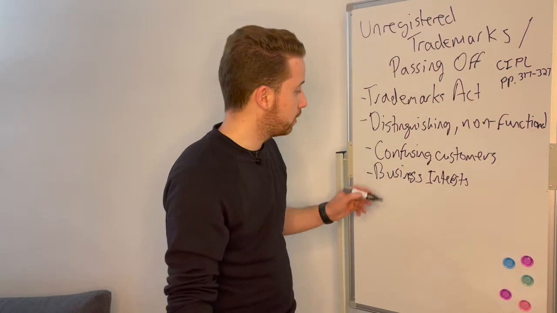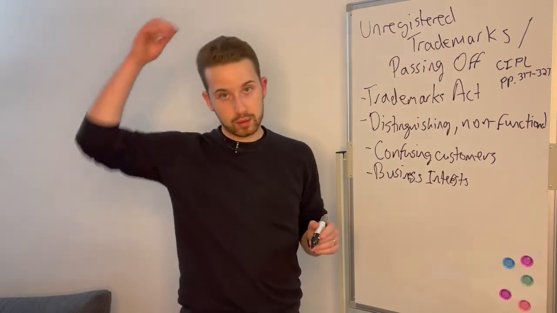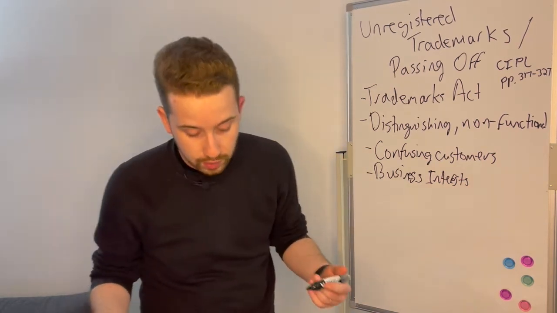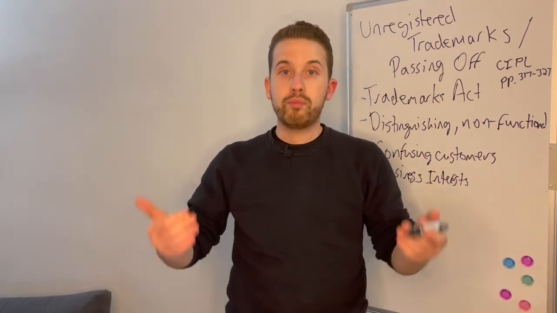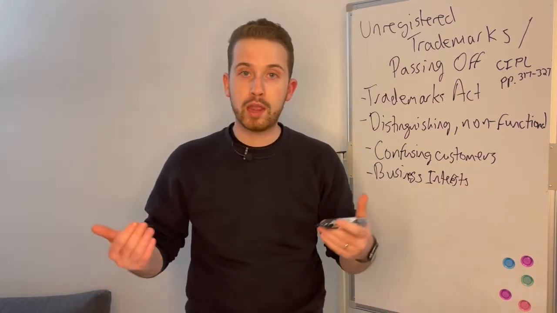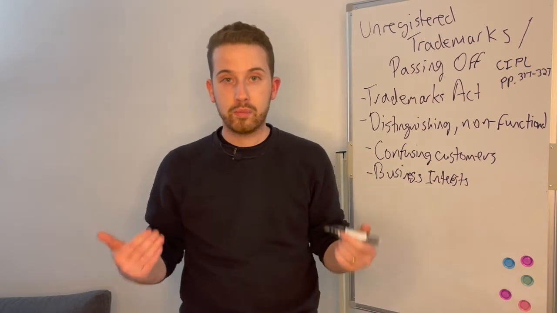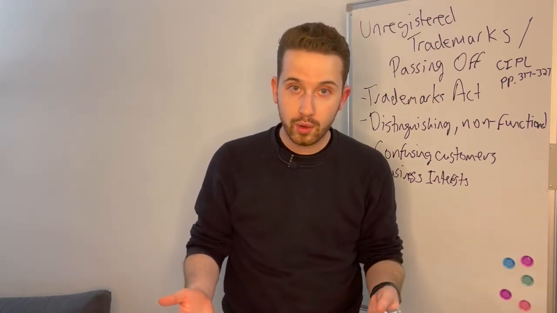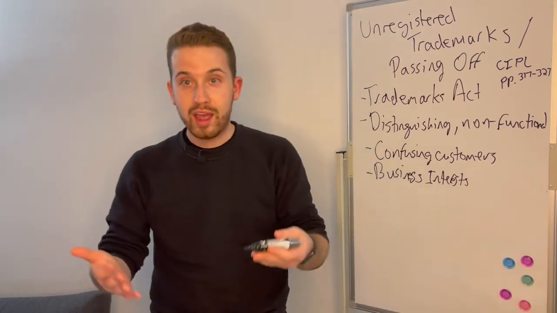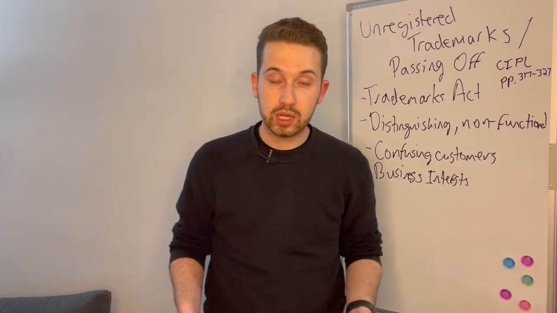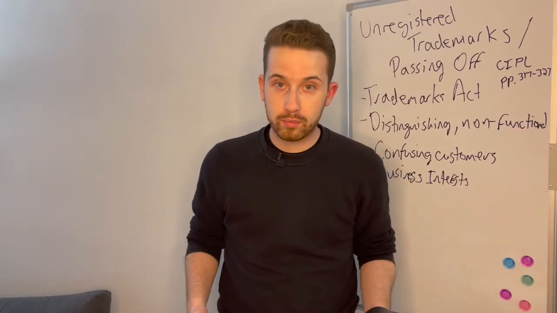So here we're still protecting business interests in a way, and the way we're protecting business interests is really by saying you've built up this reputation over time. You've invested time, money, advertising into building this reputation so that customers can recognize your product. It's not cheap for everyone to recognize your thing just by the color or the type of packaging, and therefore that is a legitimate business interest.